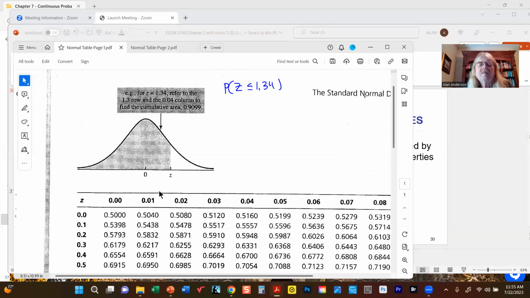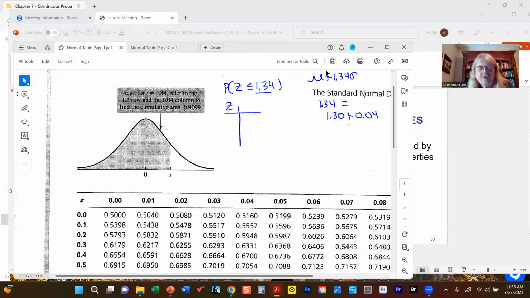What if I need to know the probability Z is less than or equal to 1.34, which again could be interpreted as 1.34 standard deviations above the mean. So the way you look this up in the chart is you break up this number into 2 pieces. You can think of this as 1.3 plus 0.04.